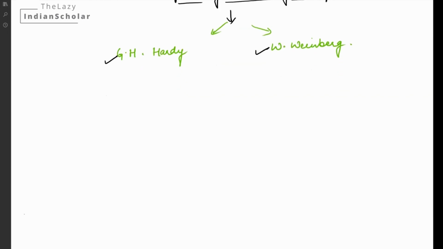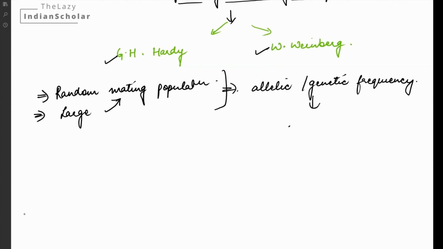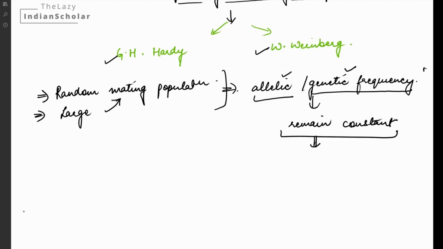They stated that in a large random mating population, the allelic or genetic frequency should remain constant in the generations to come.